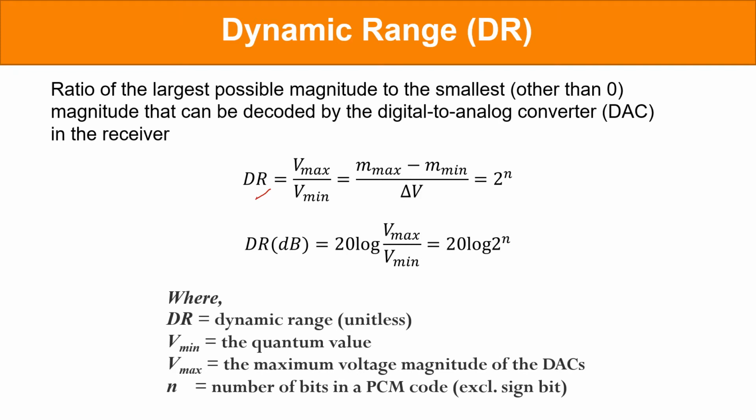The linear value is DR equals Vmax divided by Vmin, which is Mmax minus Mmin divided by delta V, or equal to 2 power of n, and in dB it is 20 log of Vmax over Vmin, or 20 log 2 power of n. DR is the dynamic range, unitless. Vmin is the quantum value, Vmax is the maximum voltage magnitude of the DAC, and n is the number of bits in the PCM code, excluding the sign bit.